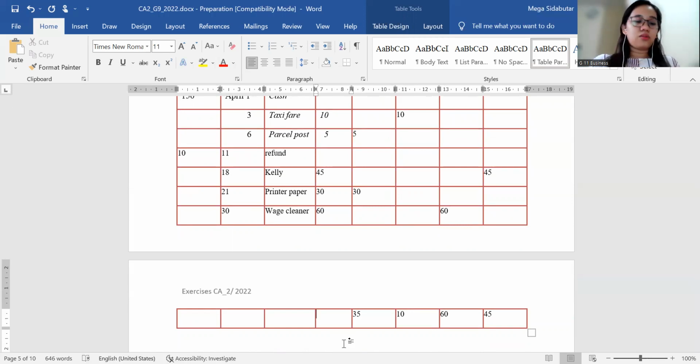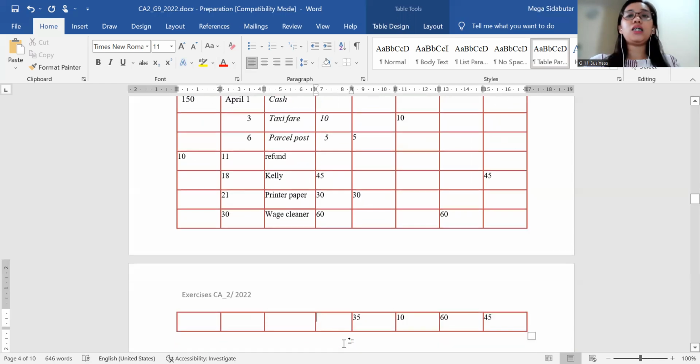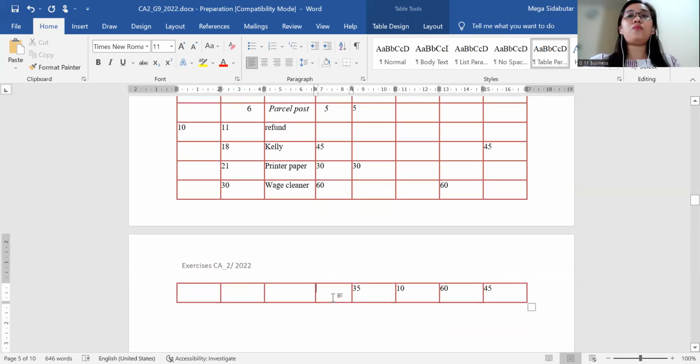Let us calculate together. The total payment will be $10 plus 5 plus 45 plus 30 plus 60. Yes, that will be 150.